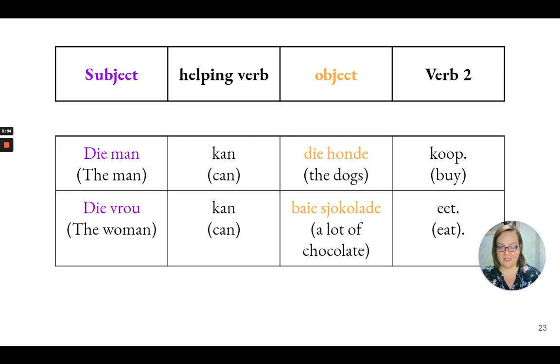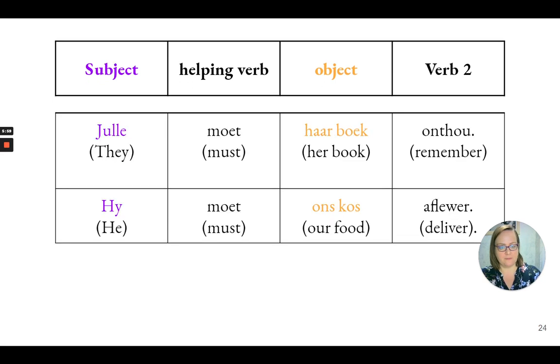Like, ek kan die kar koop. I have enough money. Sy kan die kar ry. She can drive this car. So you have your helping verb as the second word in the sentence after the subject, and it moves the main verb to the end.